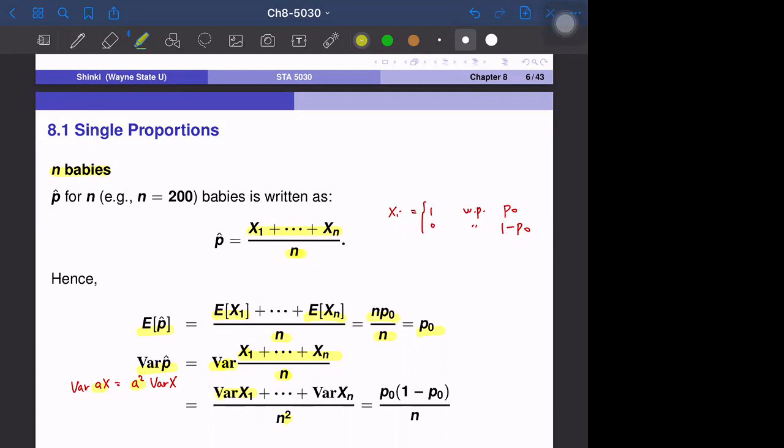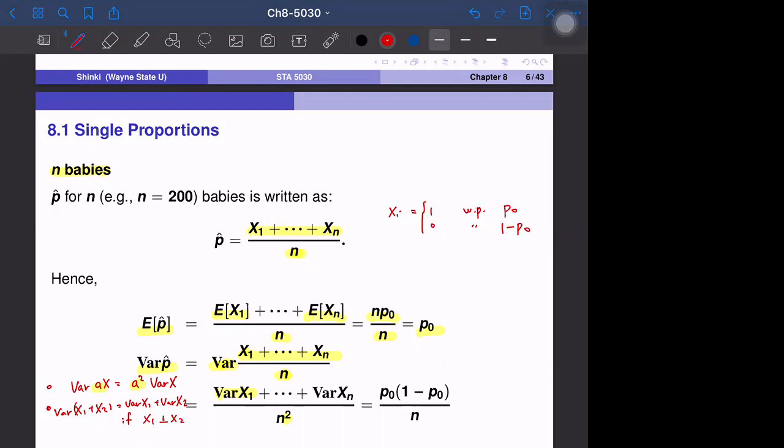How about summation? The variance of x1 plus x2 becomes the variance of x1 plus the variance of x2 if the two variables are independent. The first one is always true, but this second equality holds if x1 and x2 are independent.